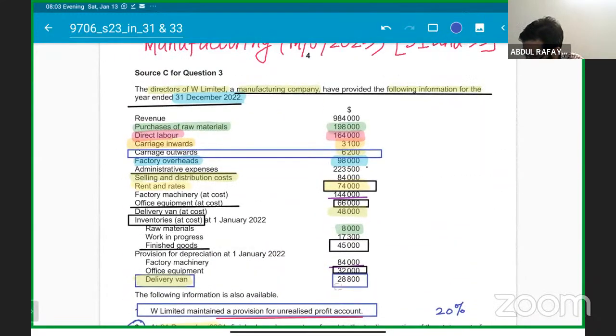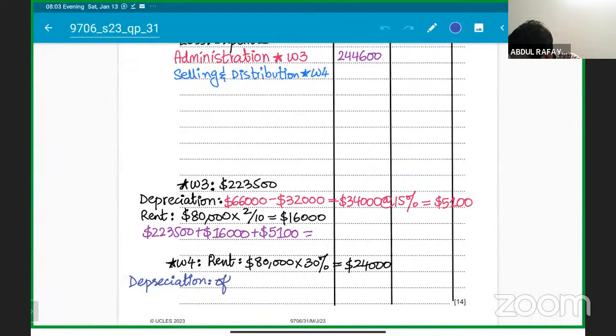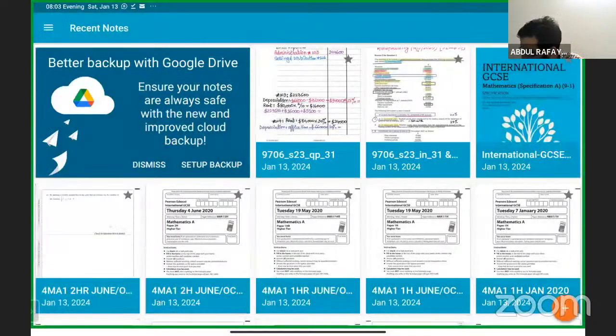So you don't have to worry about the depreciation of the delivery van. Just use the office equipment at cost, that is 66,000. So here we go. Depreciation of the office van, it is basically what? 66,000 into how much was the percentage? 20%, right? No, not 20%, must be something different.